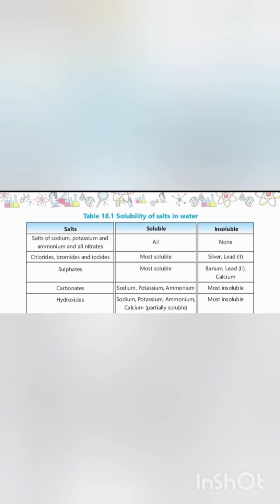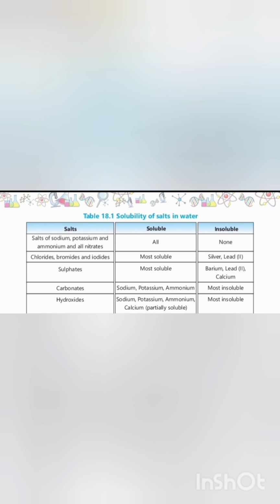As we can see in table 18.1, the solubility of salts in water is briefly described in table form. The salts column shows the group of salts, and the column in front of it shows which ones are all soluble or insoluble, and which are mostly soluble or comparatively insoluble.